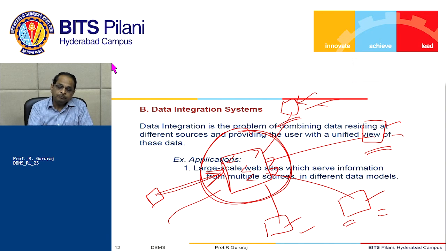So there should be some mechanism to describe, in a unified way, the structure of the data stored at different locations. It is observed that XML is the best suited format to represent data available in different formats. If you take object databases, the structure of the database can be represented in XML format.